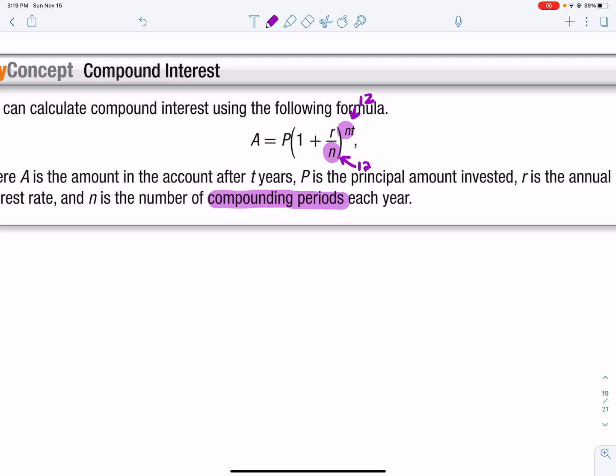So that's going to be your n. If you were doing it daily, that would be 365. If you were doing it minutely, it would be 525,600 minutes, right? It's that song. Anyway, and it was in the musical Rent, but it also was in The Office. So one of the two places you should have heard it. But anyway, I'm not going to ask you to memorize those, but that's what you're doing with these.